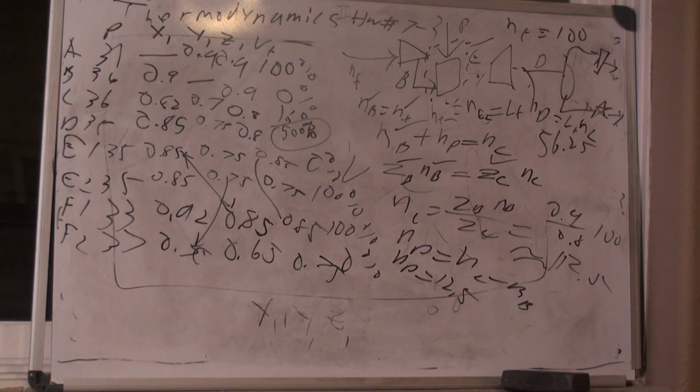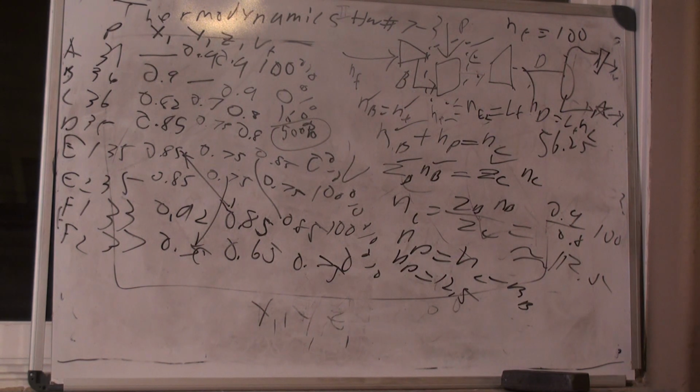I might have asked how much component 1 is coming out of the throttling valve. That's a different story. I didn't ask that, but let's ask that question really quick. How much component 1 is coming out? Is there 56.25 of component 1 coming out? No, that's the overall. So how do I know how much component 1 is? I look at the Z, okay?